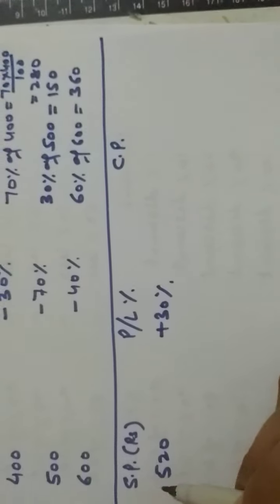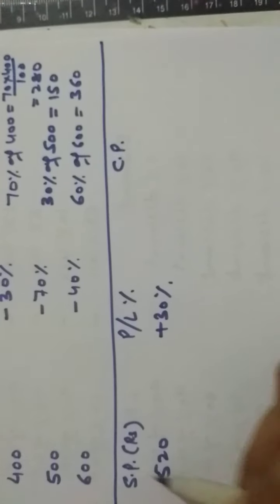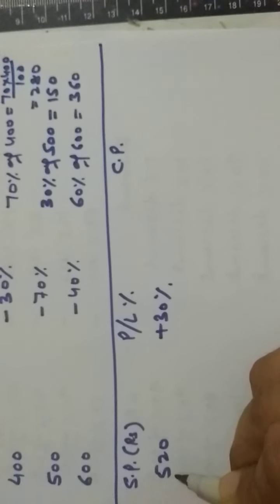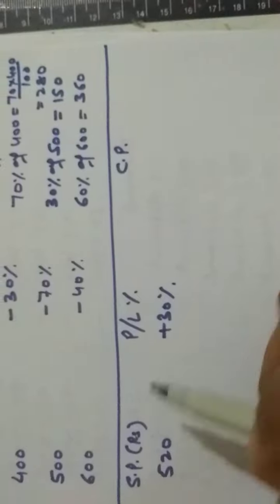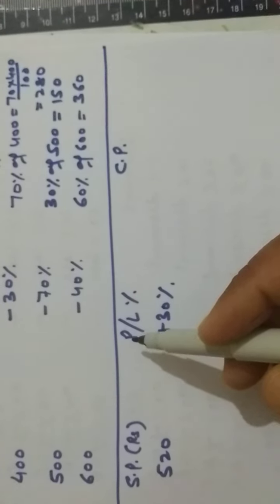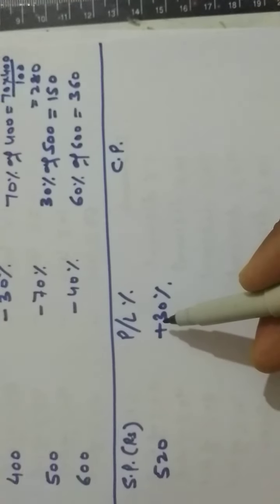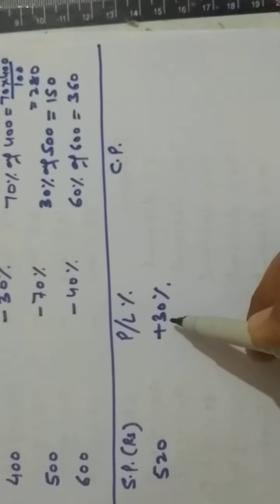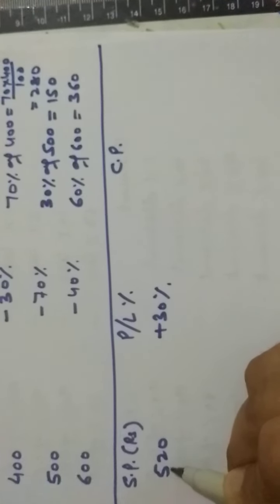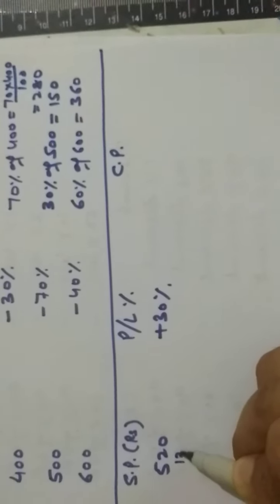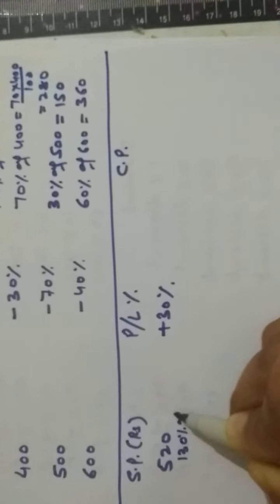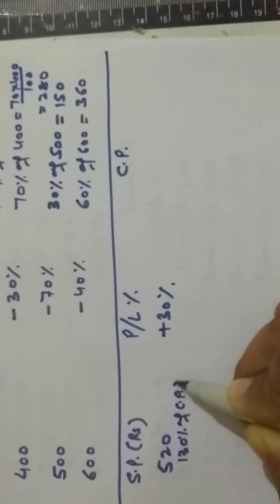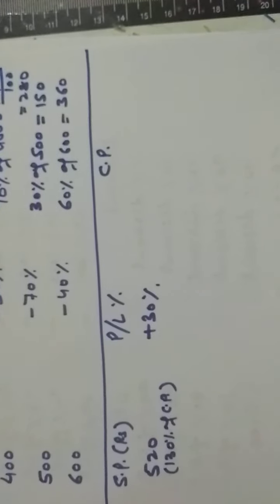As we know earlier, selling price is 100 plus profit percent, or if loss then 100 minus loss percent. So here we get 30% profit. It means 520 is nothing but 130% of cost price.